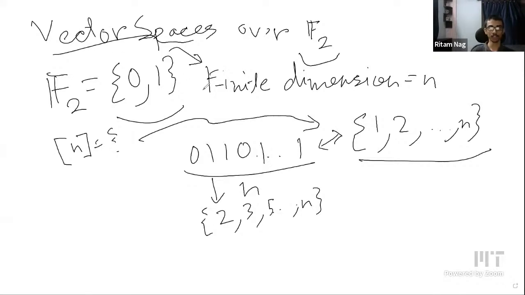Another example would be the adjacency matrix of a graph.